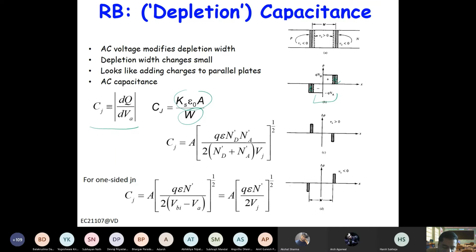You can directly write it or you can differentiate, and you will get the same expression using both methods. And of course, if you substitute the expression for the depletion width, you get Na plus Nd by Na Nd times VBI.